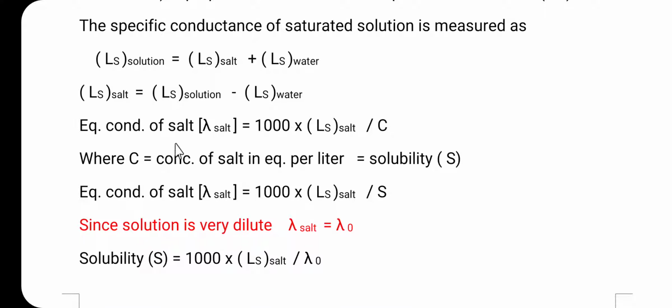Then the equivalence conductance of the salt, lambda, is equal to 1000 into the specific conductance of the salt divided by C, where C is the concentration of the salt in gram equivalents per liter, and it is equal to the solubility. So the lambda salt is equal to 1000 into the specific conductance of the salt divided by the solubility.